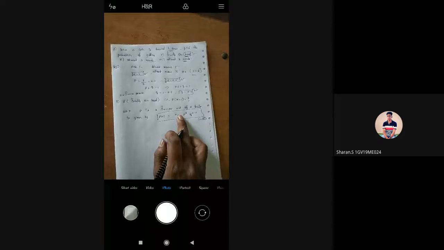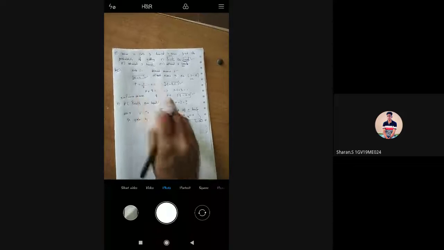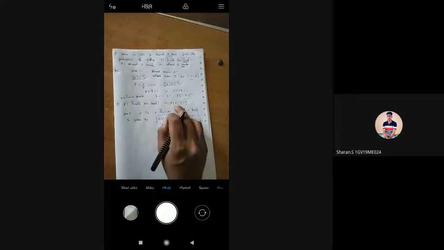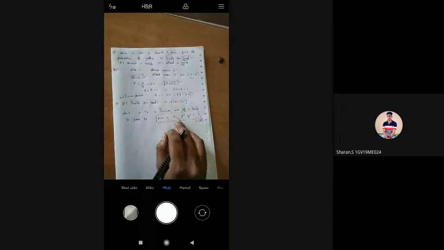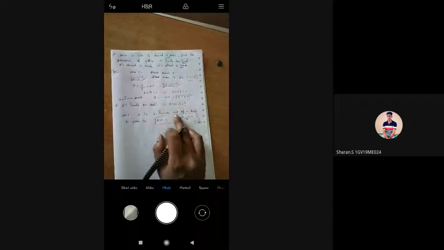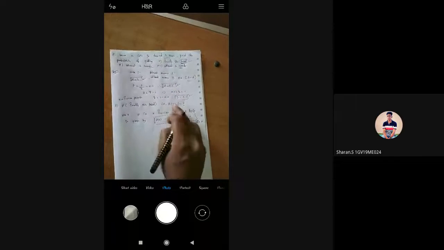Now you know n is equal to 4. When you find P of X is equal to 1, X is equal to 1. Then P is nothing but 0.5, X is already 1, and Q you also know. So first we'll substitute all those values.